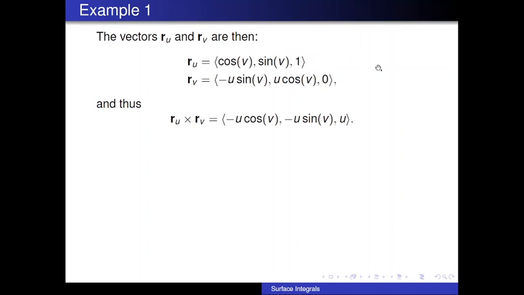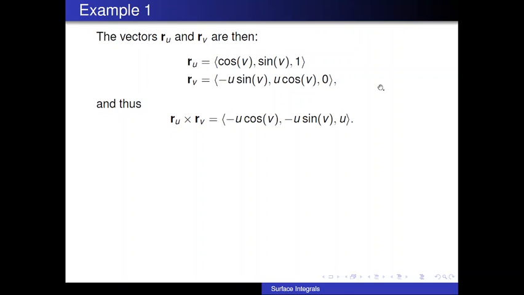Now let's take the cross product of these two. In the first component, we'll get minus u cosine v. In the second component, we'll get minus u sine v. And in the third component, we get u cosine squared v plus u sine squared v, which is just u.